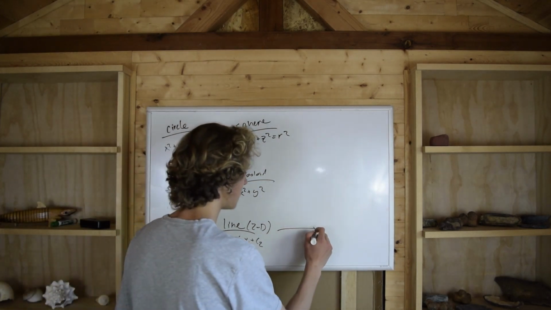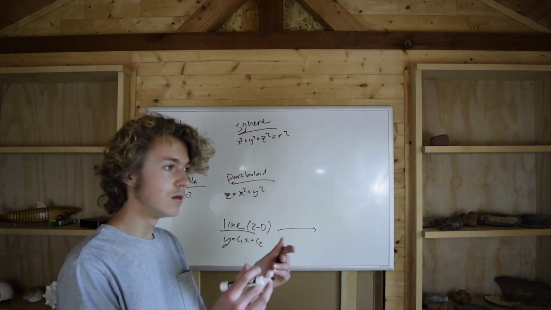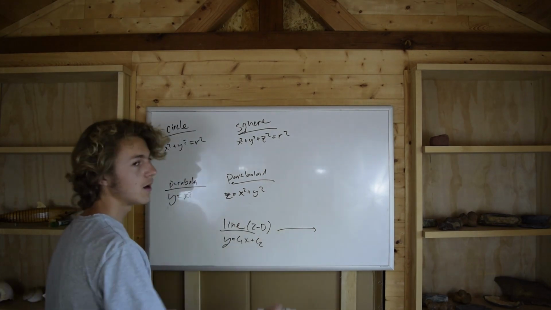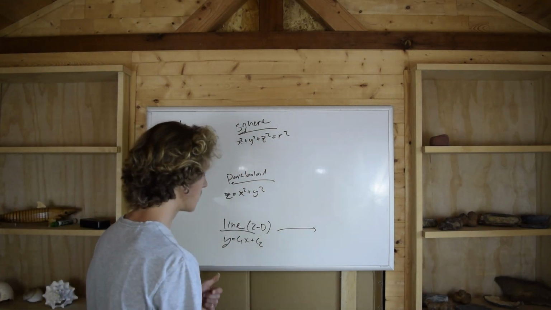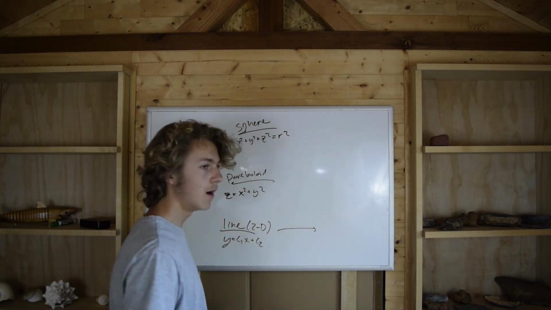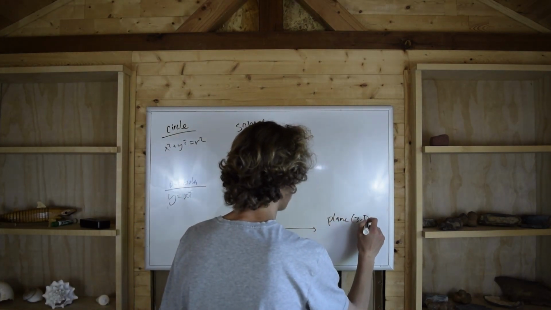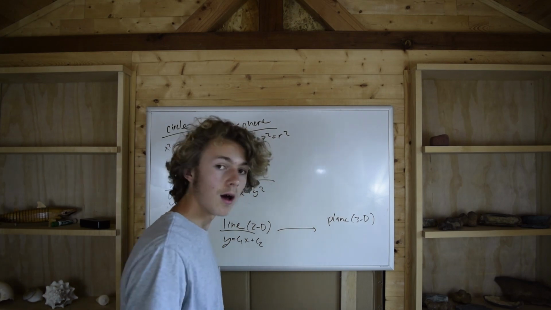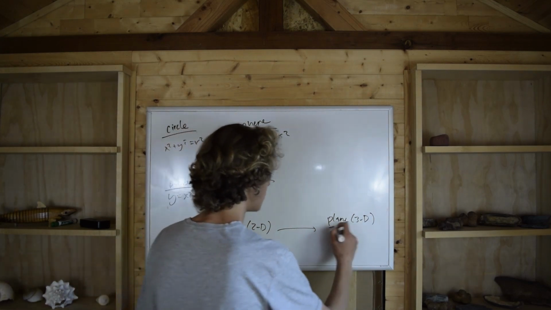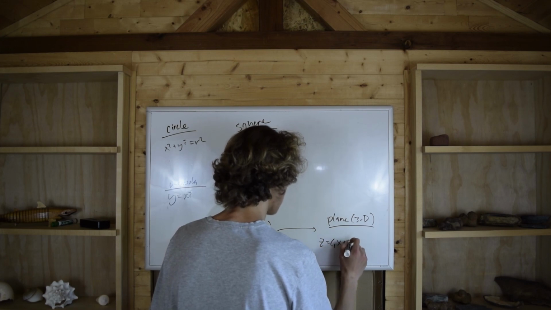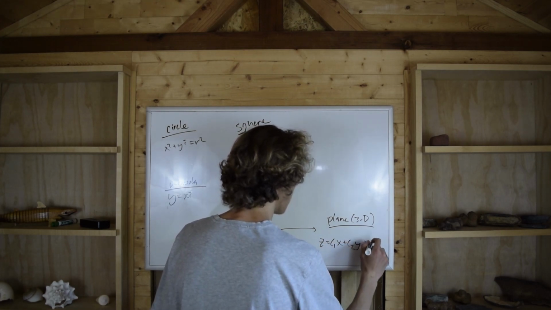For a plane, if we were to translate that and follow the same pattern as we've done here, what we've essentially done is add another variable. So now for a plane in 3D, our equation is z equals constant 1 times x plus constant 2 times y plus constant 3.